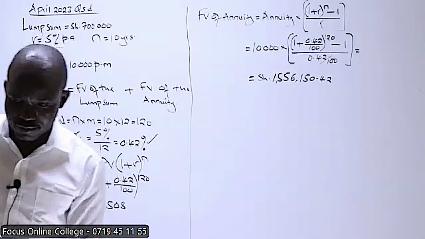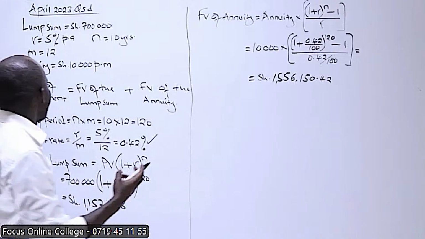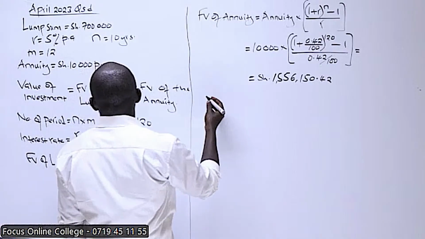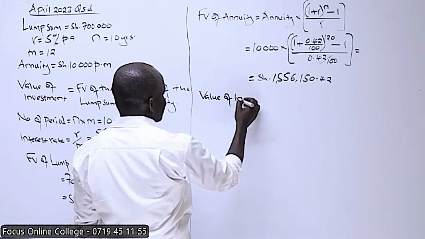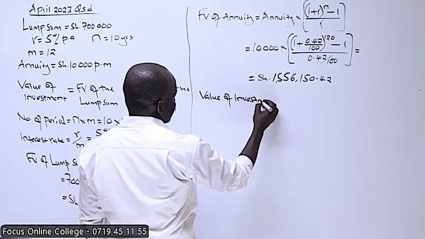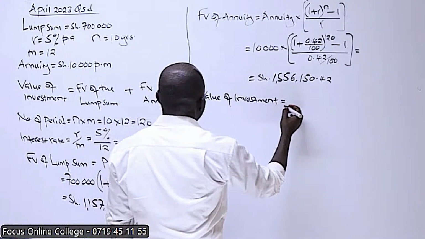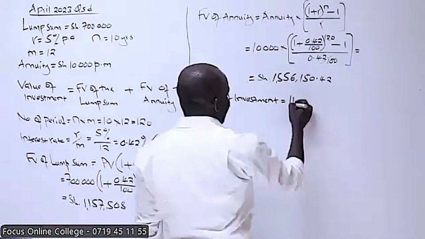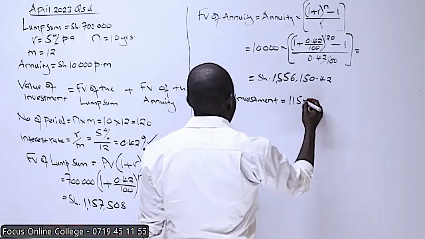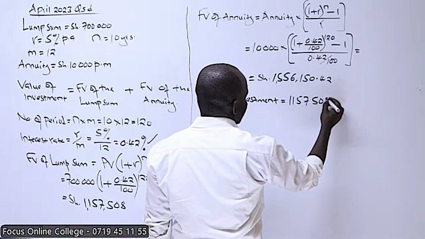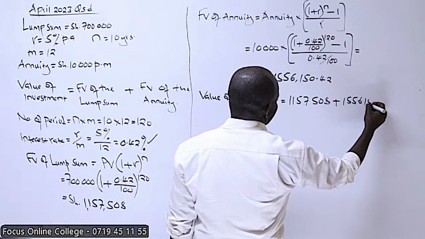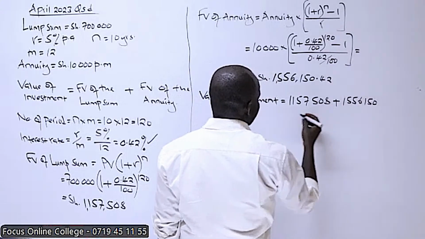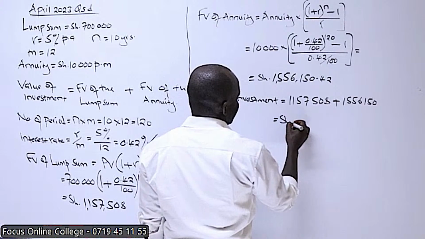Then now you add. Value of investment is equal to 1,157,508 plus 1,556,150. Ignore the points.